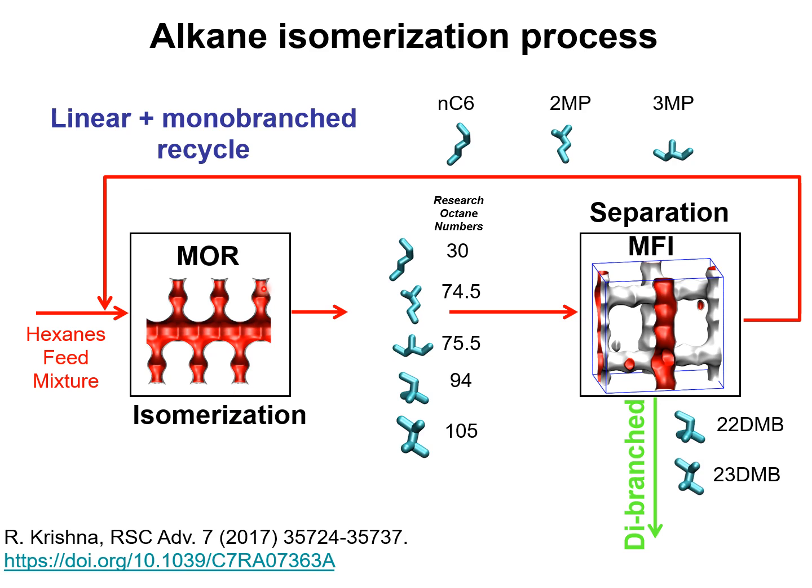The reactor increases the proportion of branched isomers by isomerizing the normal and monobranched isomers to the desired dibranched isomers.